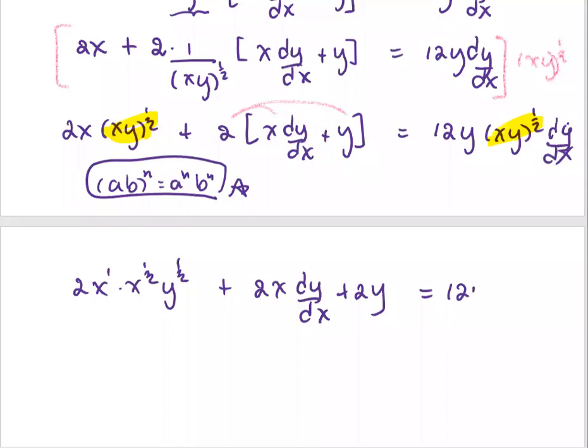So it's going to be 12 times y times x to the power 1 half times y to the power 1 half dy by dx.